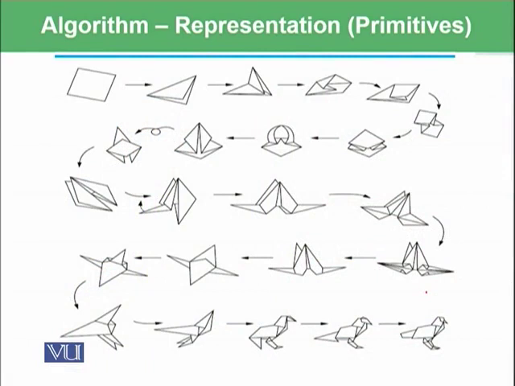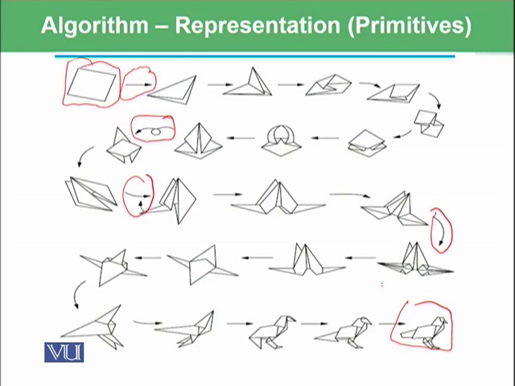So here is a representation where we want to fold a square page into a bird. Here you can see that we are using different symbols. These are called primitives. For example, this arrow sign, this sign, this is another sign, this is another sign. They all have different meanings.